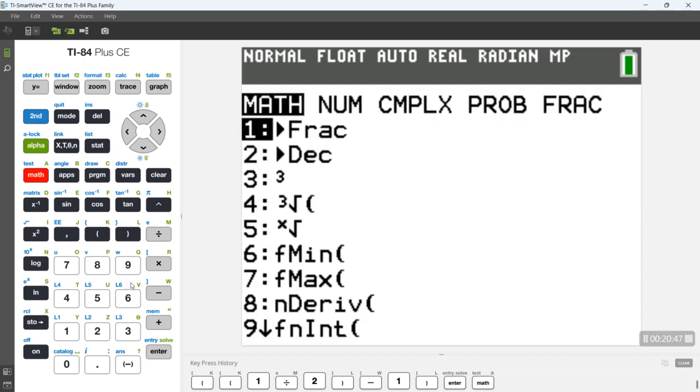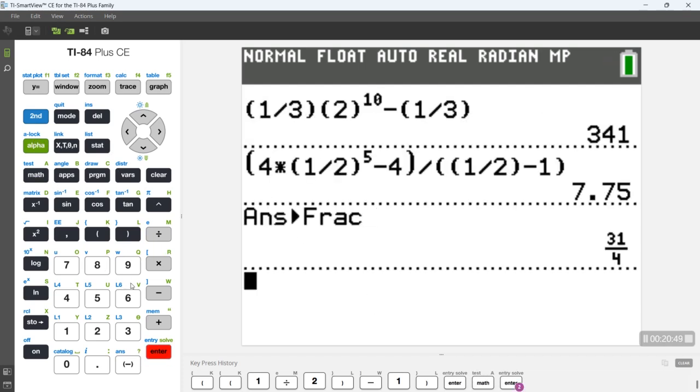If I want to convert this to a fraction, I've already got the calculator open, so let's just go ahead and do that. And I get 31 over 4. Now, again, there are multiple ways to evaluate this, and some of them may be simpler for you. You may want to do it in more than one step, which is totally fine. No matter how you do this, you should get 7.75 or 31/4.